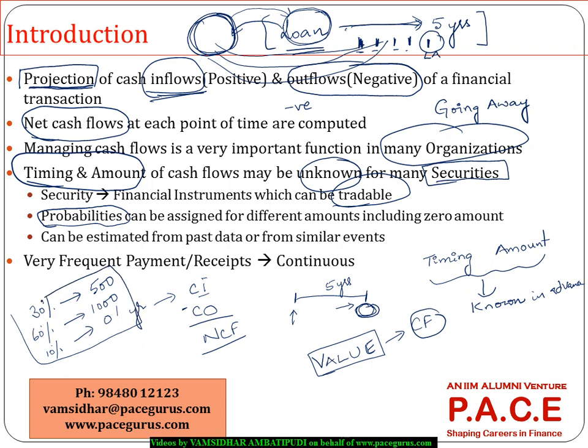So especially if the cash flows are uncertain, we will have such kind of probability based models. And of course, these probabilities generally are designed based on historical experience from the past data. And if the past data is not available, at least similar kind of instruments, similar kind of securities is where this information is derived and tabulated.